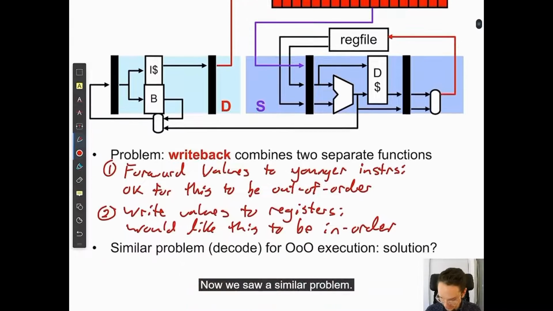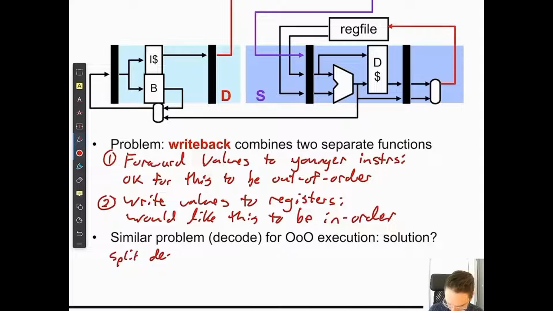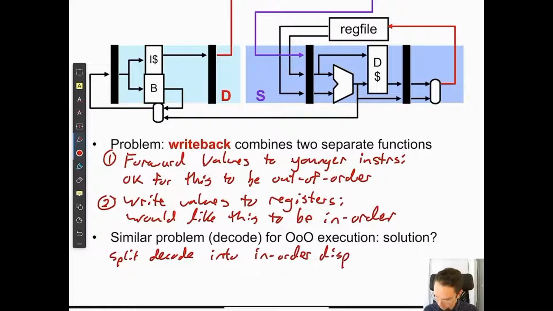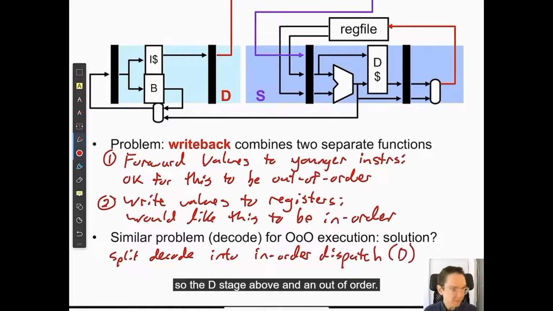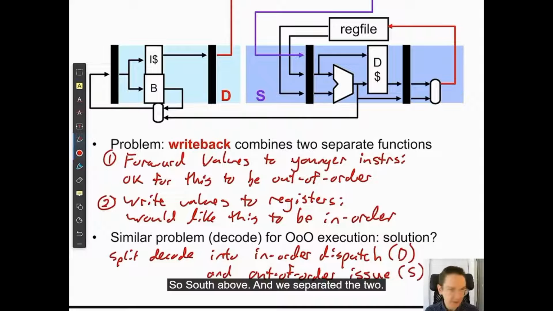Now, we saw a similar problem for out-of-order execution in the decode stage of our in-order pipeline. What was the solution there? Well, we split decode into two stages: an in-order dispatch, the D stage above, and an out-of-order issue stage, S above.